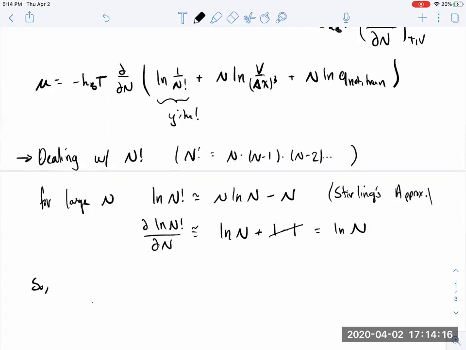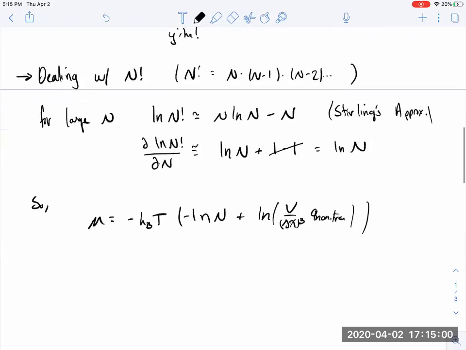So putting this together, the chemical potential is equal to minus kBT. I get a log n from that first derivative, with a minus because I flipped the argument of the log. And then I have a plus log V over delta x cubed, and I can combine these two terms with a log of q non-translational.